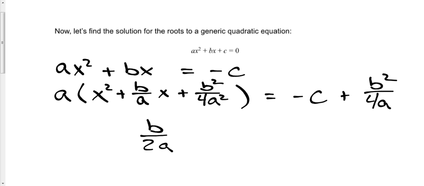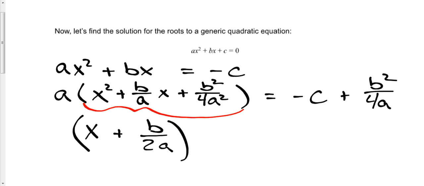Now, this part that I'm outlining in red is a perfect square polynomial, is it not? What is the perfect square polynomial? x plus b over 2a, squared, all times a.